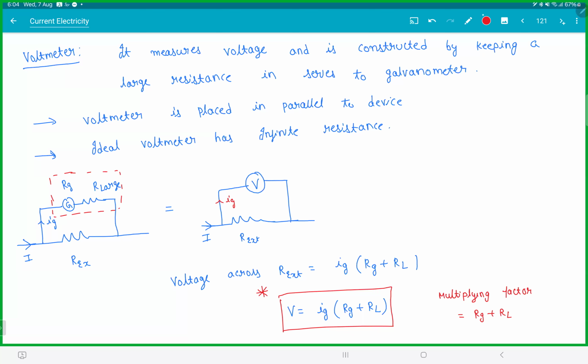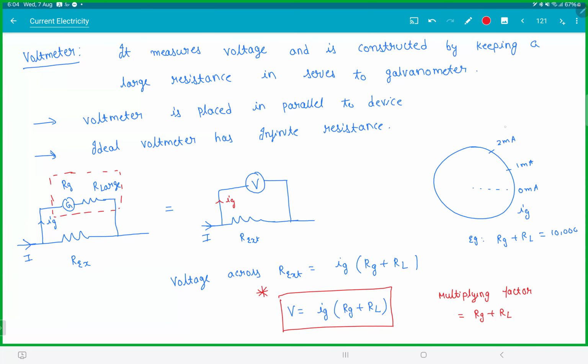So again, we do the same manipulation. When you take this galvanometer, let's say this is 0 milliampere, 1 milliampere, 2 milliampere. So you're actually measuring Ig. For example, let's say you take Rg plus RL as 10,000.